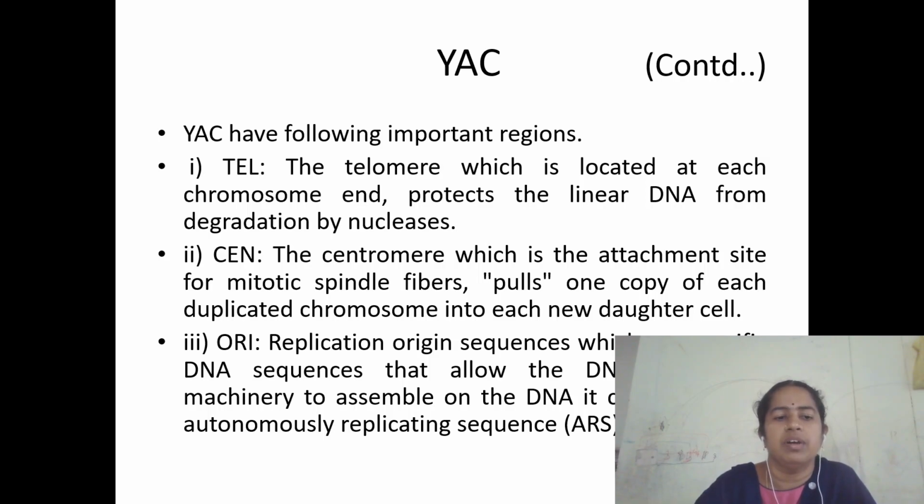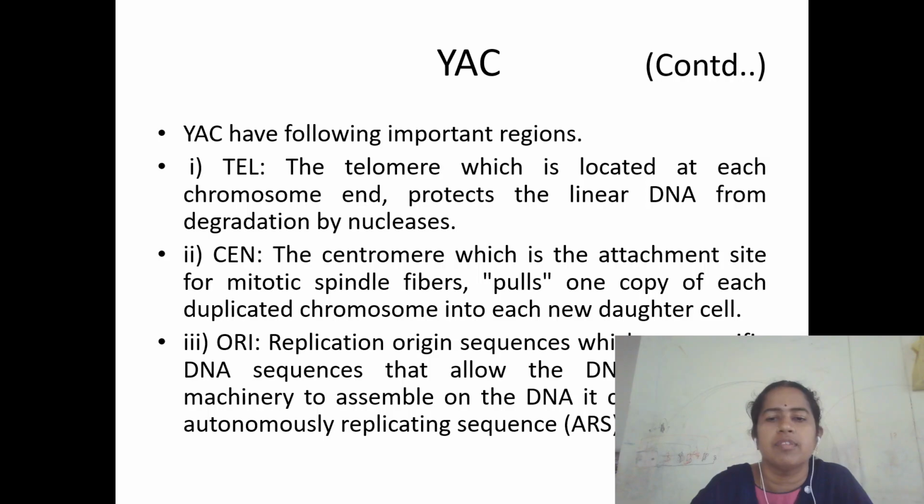Then it has different regions like telomere, centromere and origin. Up to this point, the various sites were the origin, replication enzyme, and then the selective antibiotic marker and the gene of interest, or otherwise the gene of interest which cleaves the sacB gene, which we also studied.